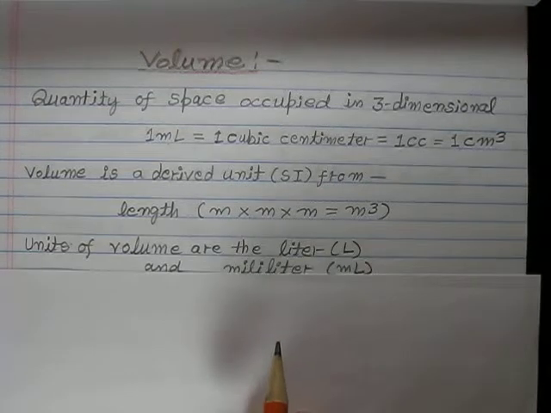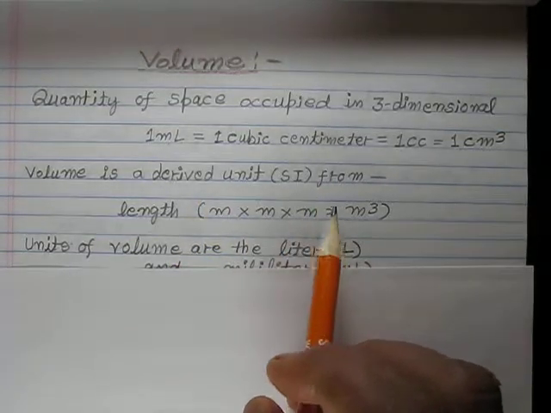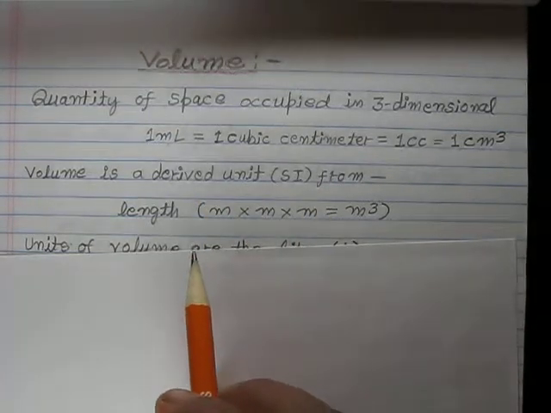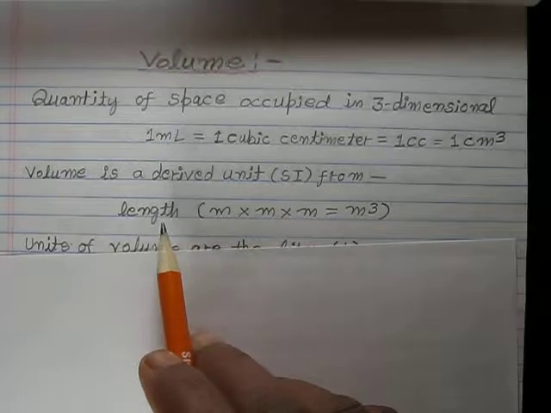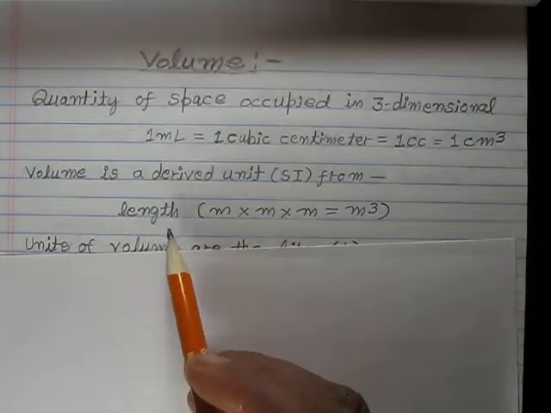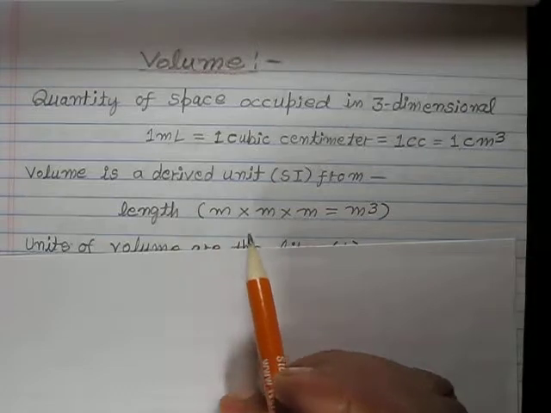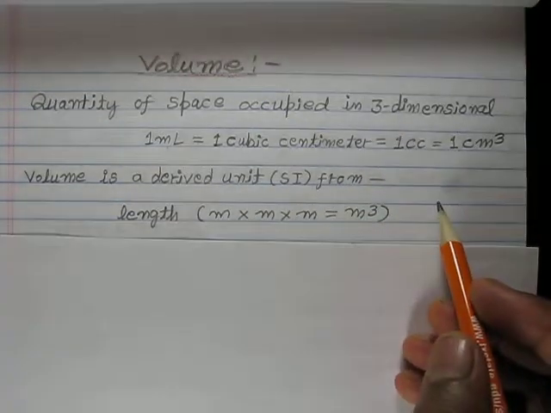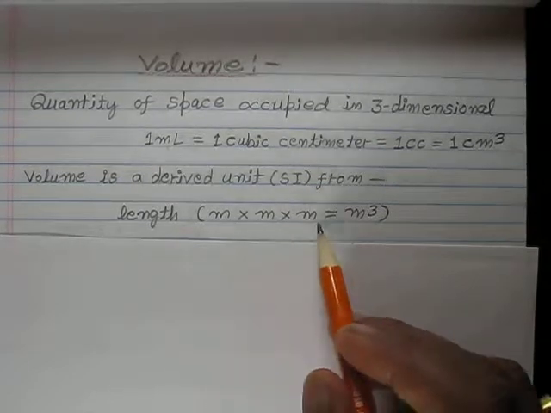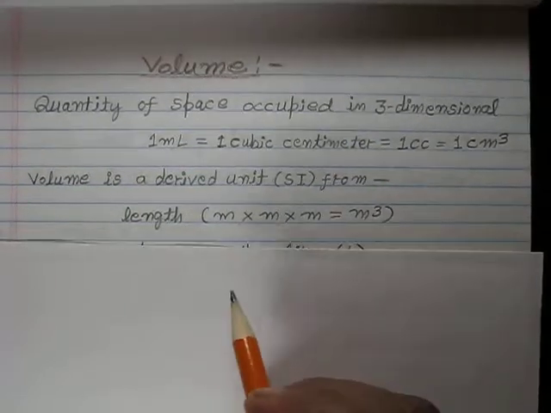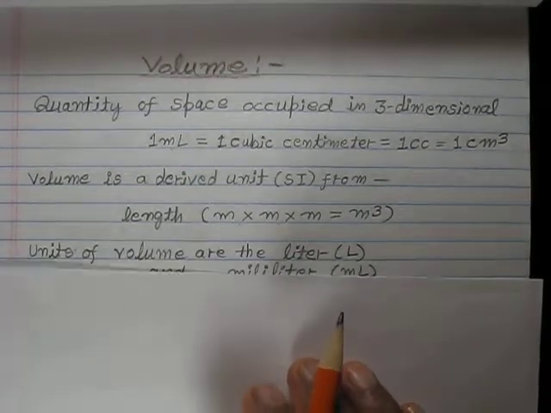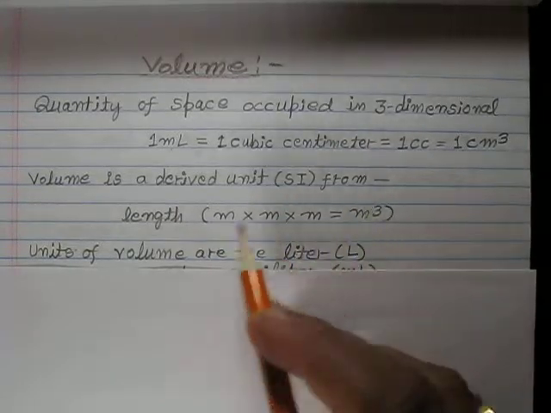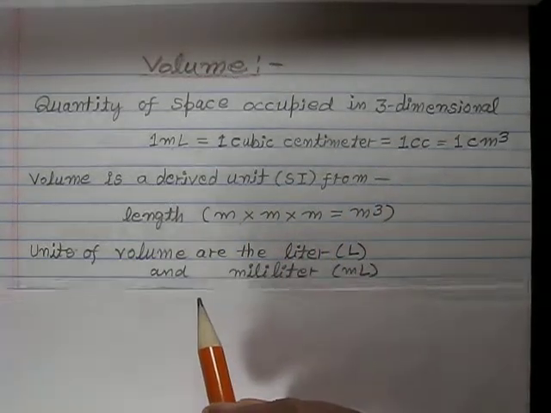And as I said, volume is a derived unit from SI, and because it has length, it is derived from the length. When we multiply length three times, we get meter cube, so this represents the volume occupied.